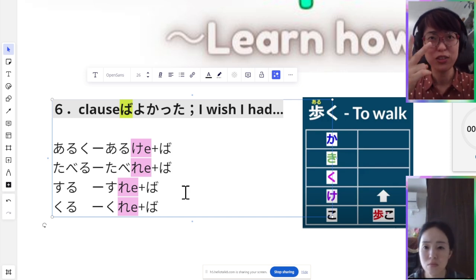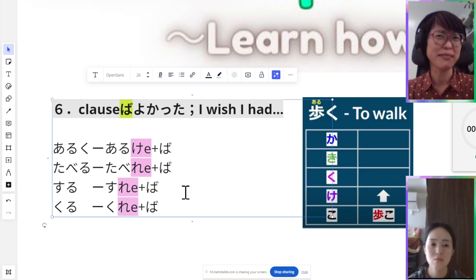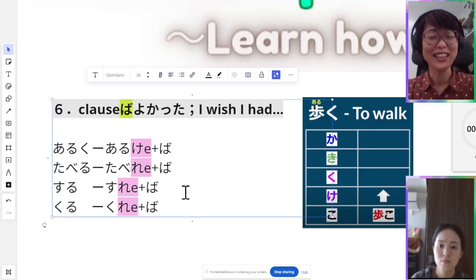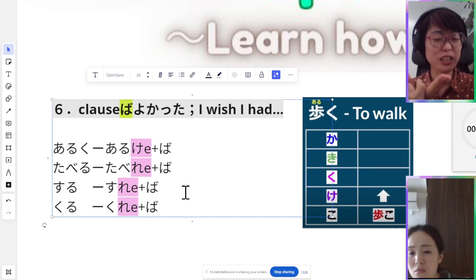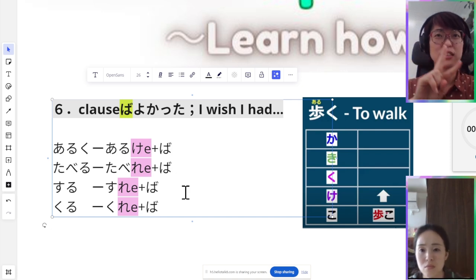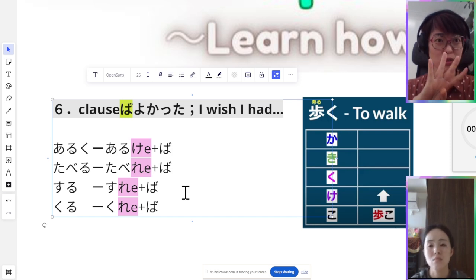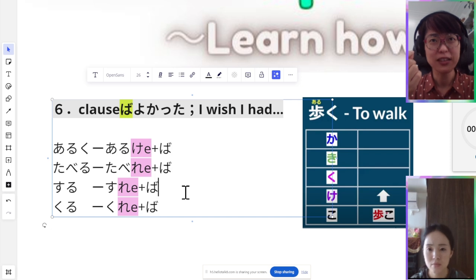There are two potential opinions, I think, on why they don't explain it all from the beginning. Explaining everything is my style, and I like that. But in the end, you are given tara conditional, nara conditional, to conditional, ba conditional. Then you're going to be confused. I don't know what to use, right? So in the end, practically, that's the case I'm going to use.